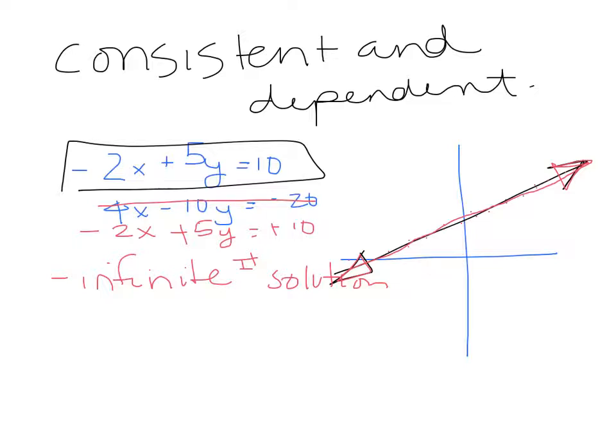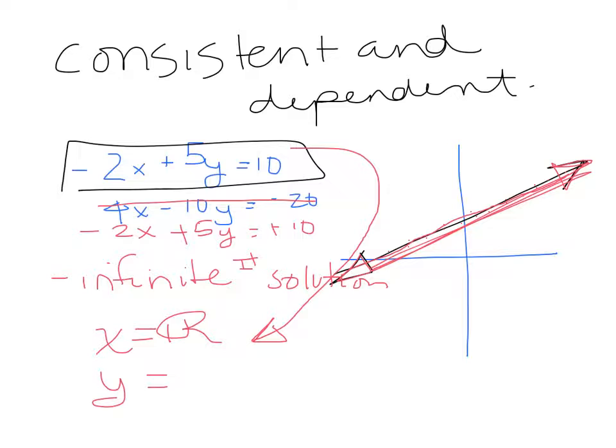So how do you give this solution? You could say x is equal to any number at all. Okay, because as you can see, the domain of that line is all real numbers. But y depends on x. Okay, it is a dependent variable. So you would have to say y is equal to, and here's where I would take this equation and solve for y.